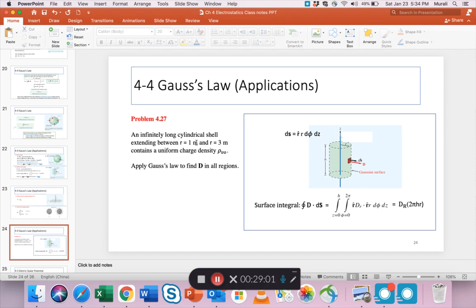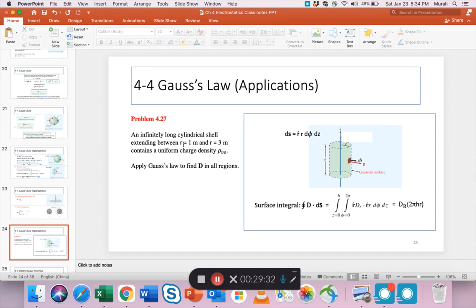It's an infinitely long cylindrical shell extending between r equals 1 meter and r equals 3 meters, right? So inside this, there is a cylindrical shell. And I think I have another drawing, so don't get hung up on this drawing. I just brought this to show you how to apply the limits and the formula, okay? But this is not the shape of what we are looking for.